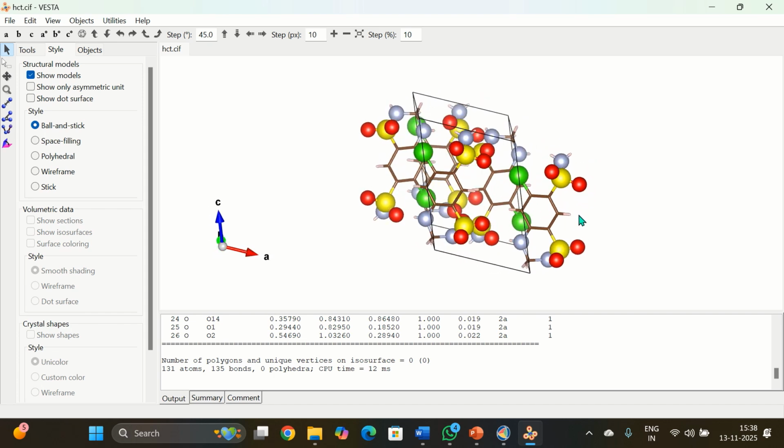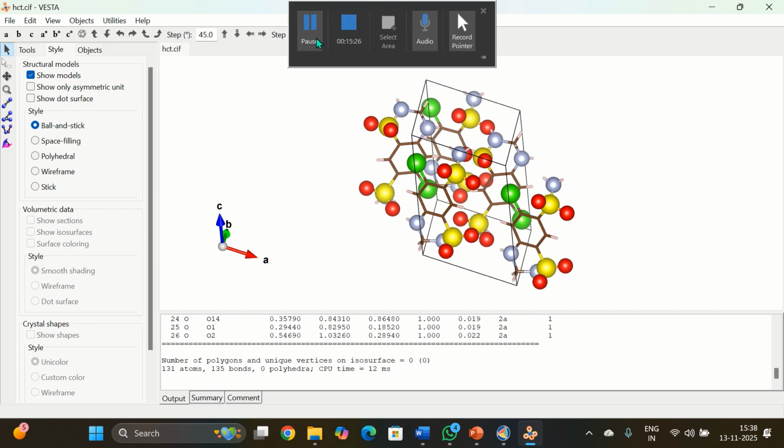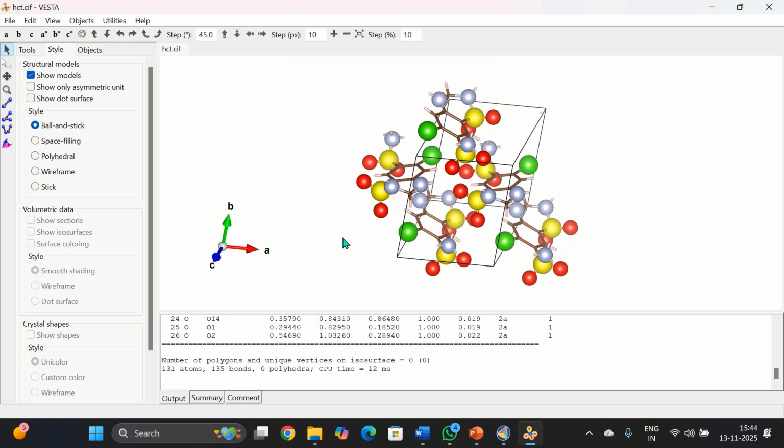So after completing the refinement, this is how, using Vesta software, we can clearly visualize the three-dimensional unit cell and its packing arrangement.